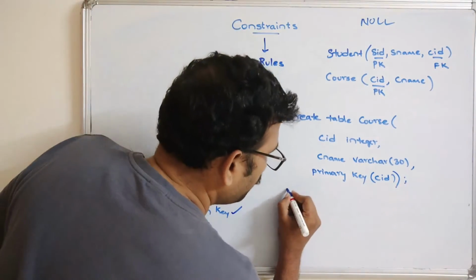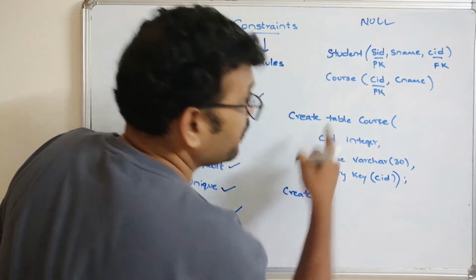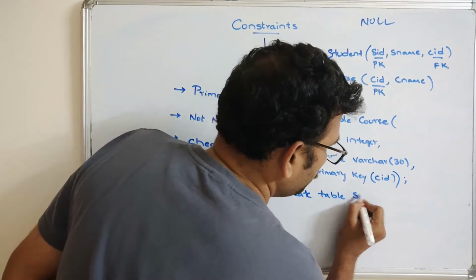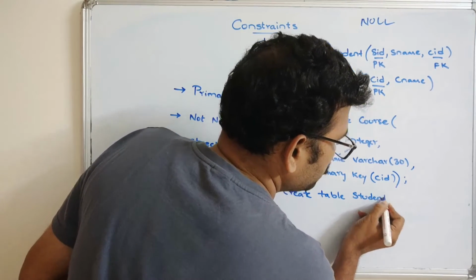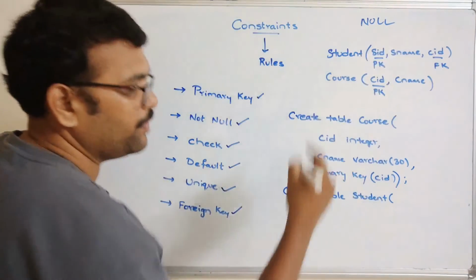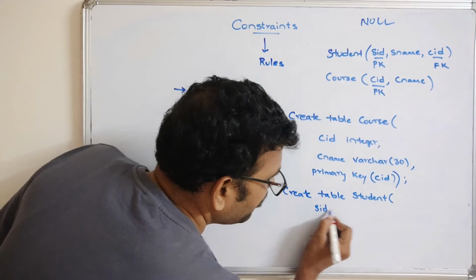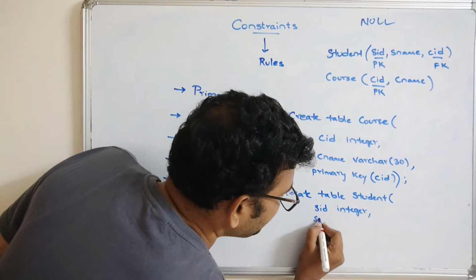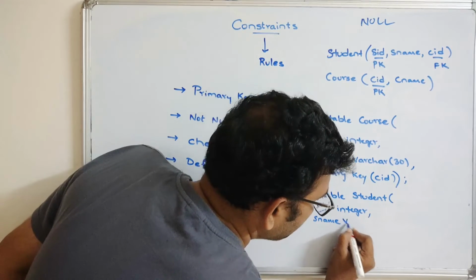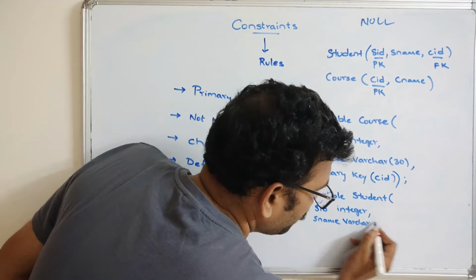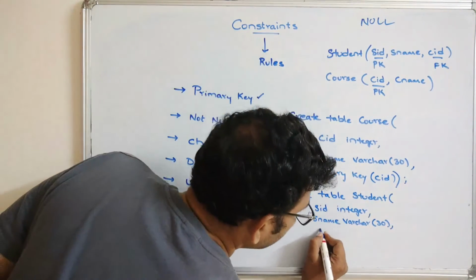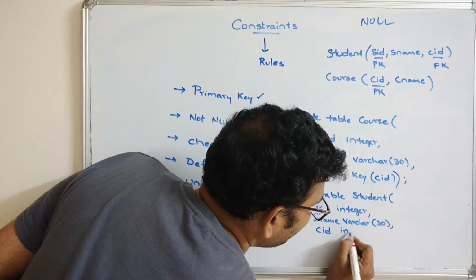And then while creating the student table, create table student. How many fields do we have to create? 3 fields. So SID with integer, name as a varchar of 30, and then CID as an integer.